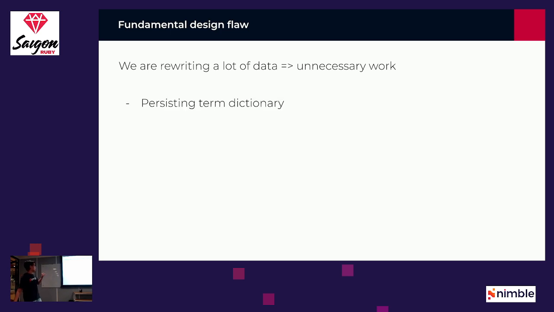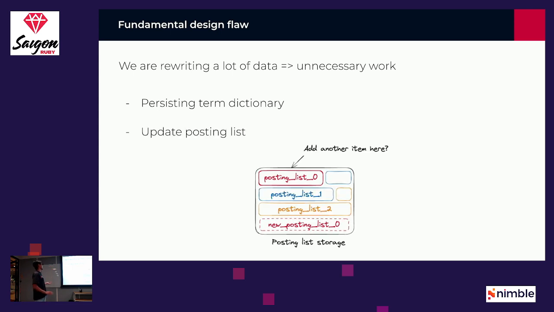So unnecessary work, and persisting the term dictionary is very wasteful. Also, updating the posting list is wasteful. If I need to add another item here, how can I do it? I can append it to the array, but the result is I'm going to shift everything in the array by some offset. It means I'm going to rewrite the whole thing.